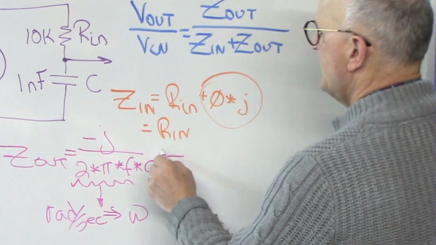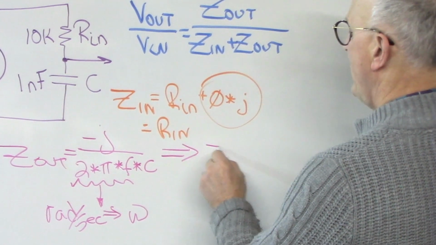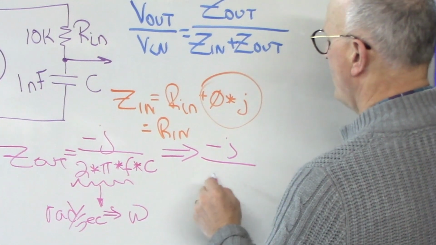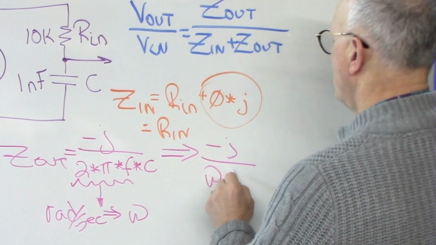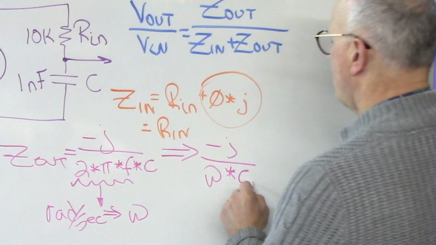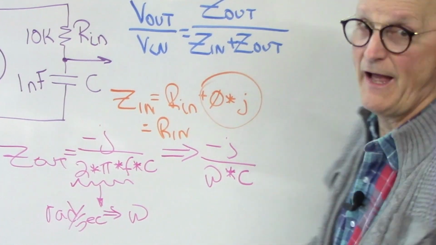So this becomes minus j over omega times our capacitance. So this is Z out.